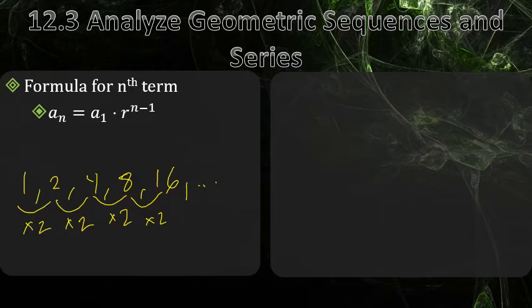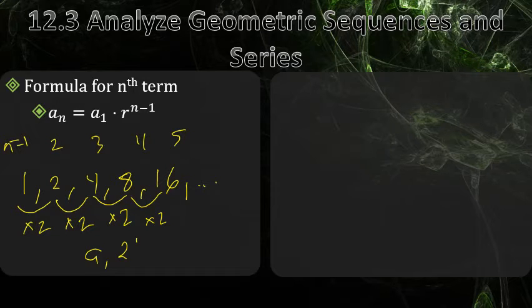So my first term here, n is 1, 2, 3, 4, 5. When n is 1, it is just a1. When n is 2, it's a1 times 2.